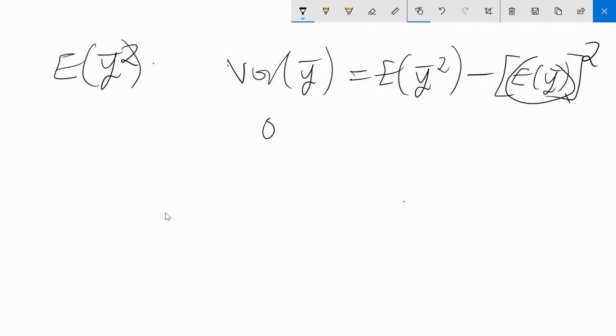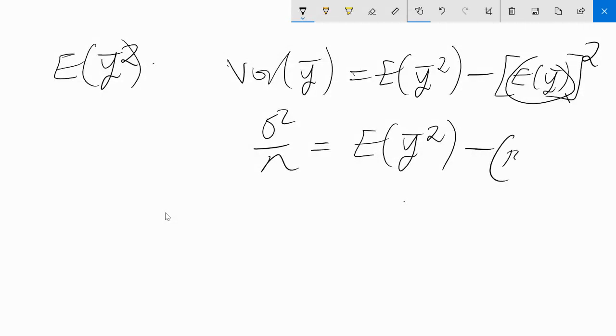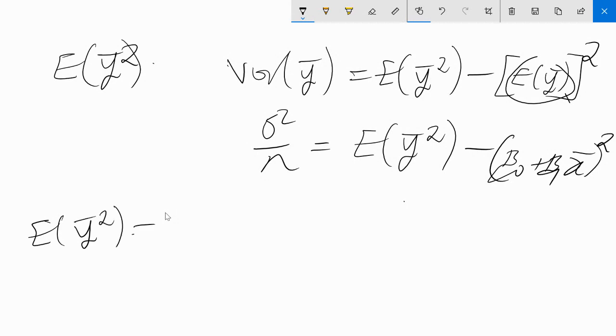So the variance of y bar is sigma squared over n, and the expected value of y bar squared. Sorry, this one is beta 0 plus beta 1 x bar. We showed that. So we make this the subject of the formula. We have over n.